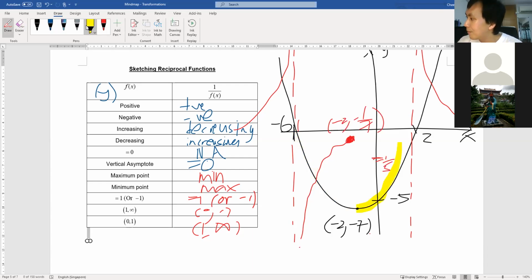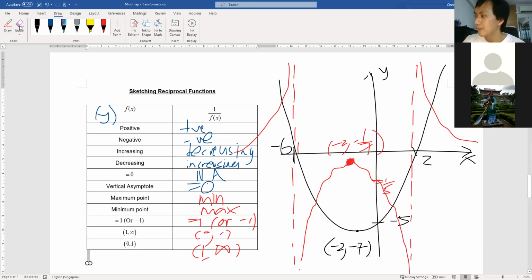The right arm is negative and increasing; take the reciprocal, it will be negative and decreasing. So negative and decreasing, and you must pass through the particular y-intercept that I have labeled. So it will be like this. It should be a smooth curve, of course. Sorry for the stylus. So this will be the complete reciprocal graph.